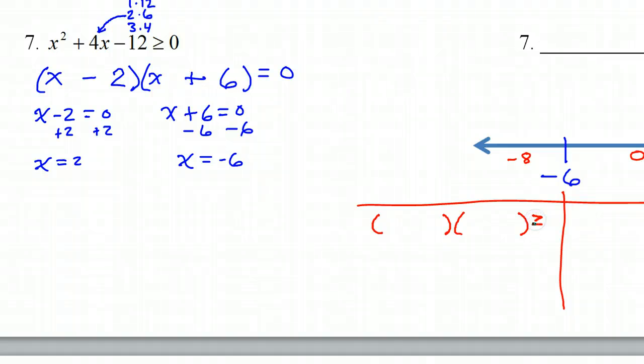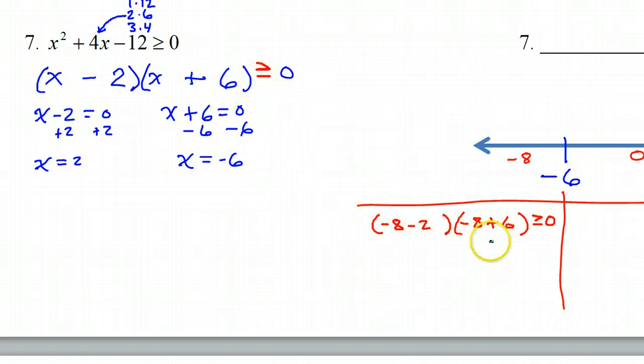I'm shooting for this to be greater than or equal to 0. So if I put in negative 8 for the x's, that makes negative 8 minus 2 and negative 8 plus 6. I'm looking to see if the value is greater than or equal to 0.